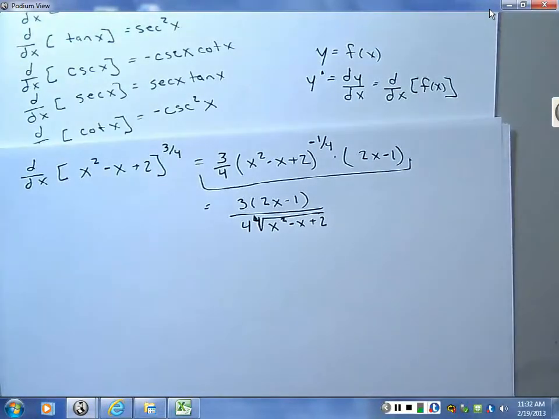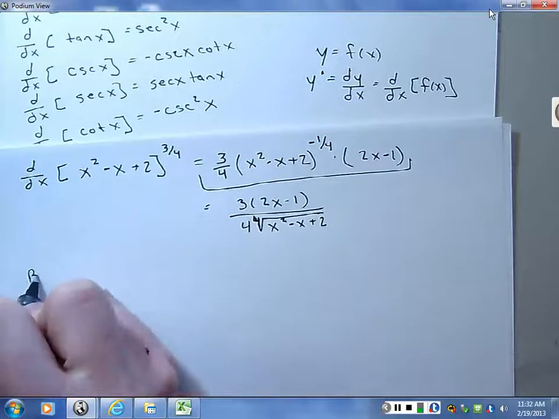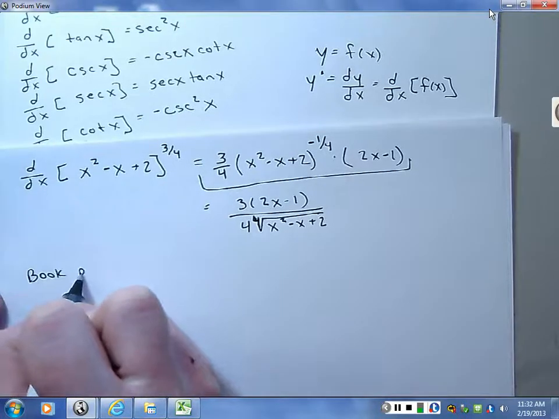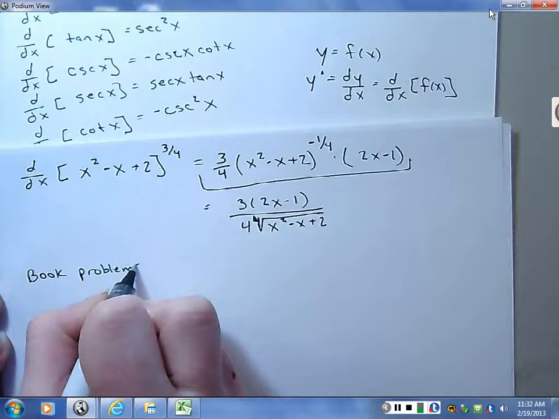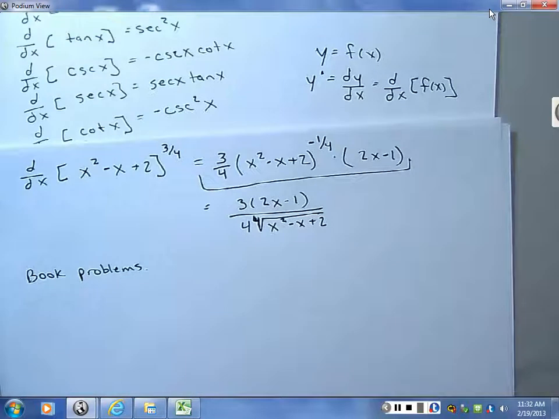Okay, so let's look at some problems from the book. And these will be similar to Wiley. So 2.6, let's look at number 2.